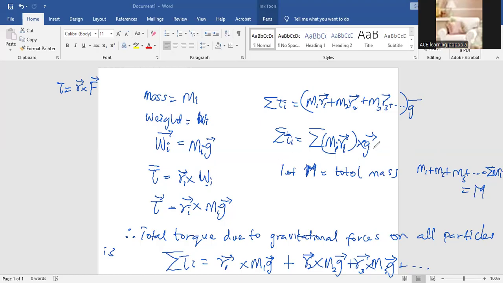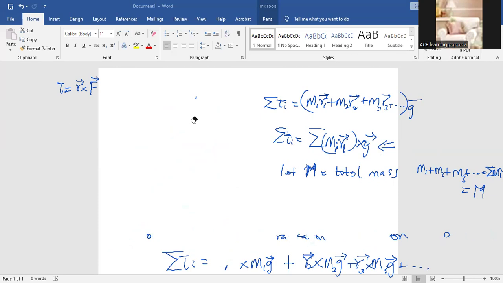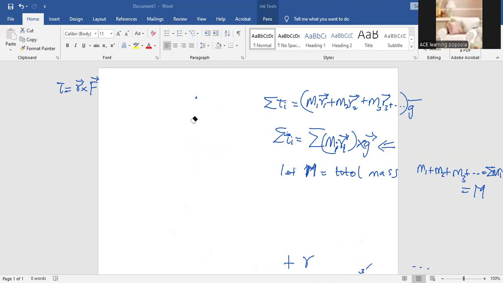So this equation now becomes, hold on, let me clear some space. I said let M represent total mass, which I have put here.